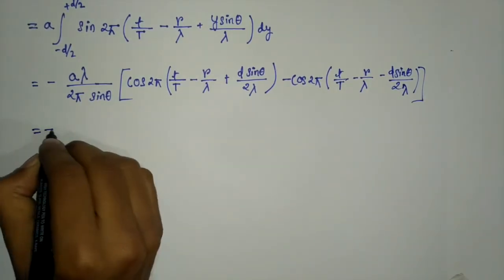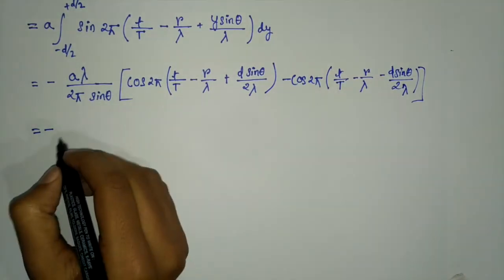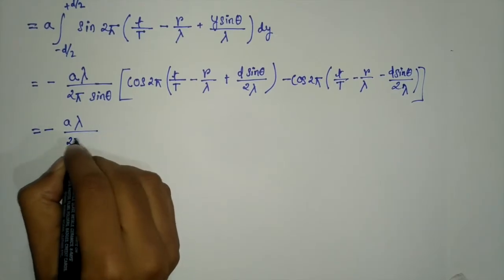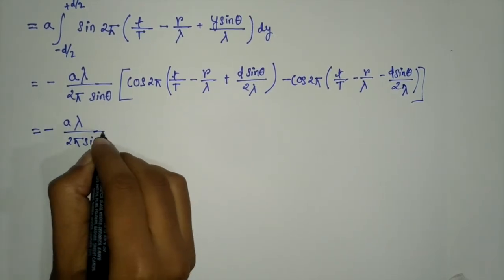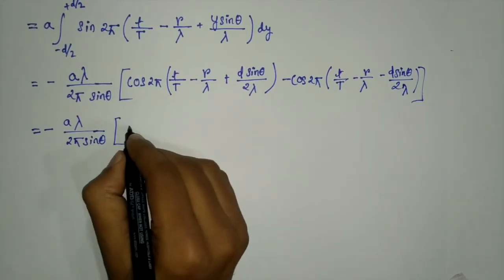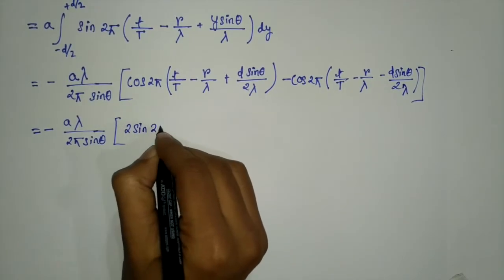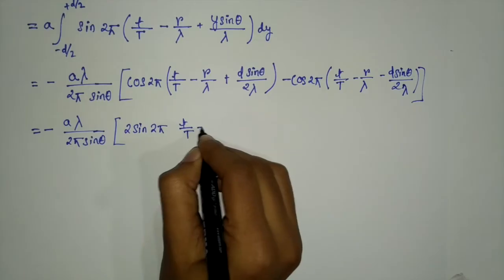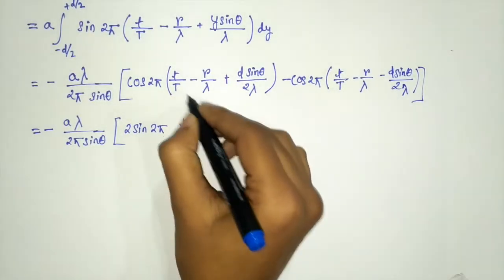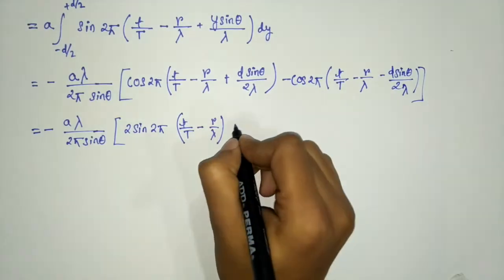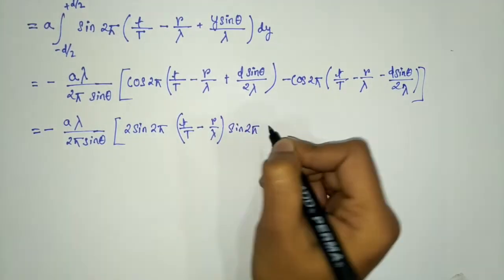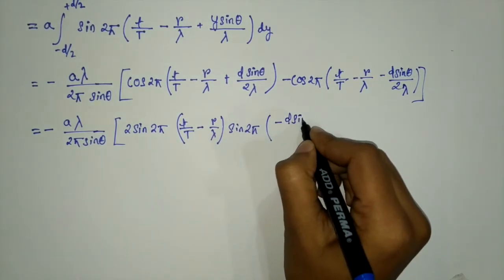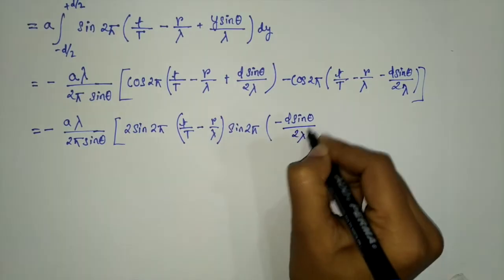That will be equal to, if we subtract and formulate again, we'll get a lambda by 2 pi sine theta into, multiplied by 2 sine 2 pi into small t by capital T minus r by lambda, that is this term, into sine of 2 pi multiplied by minus d sine of theta by 2 lambda.